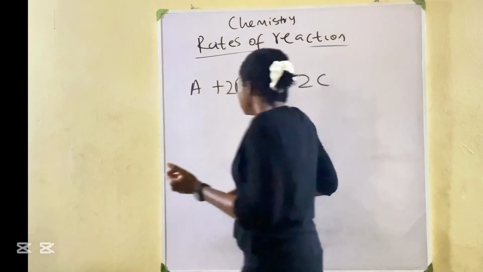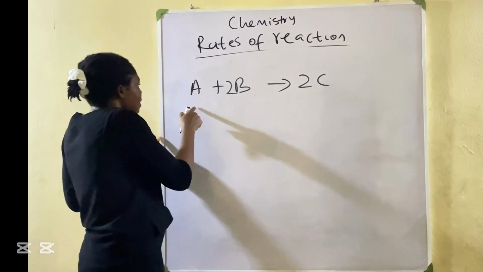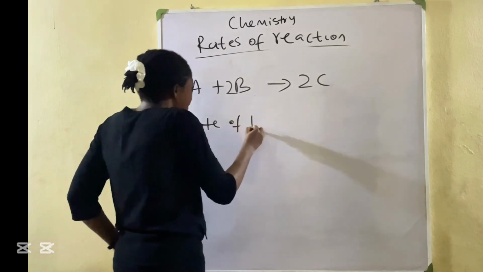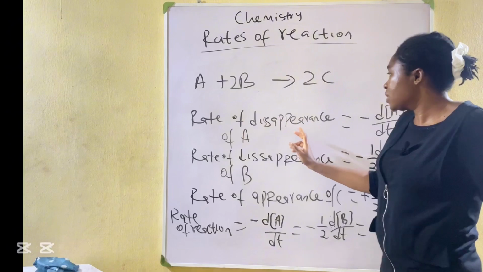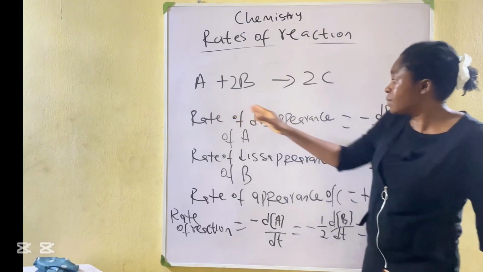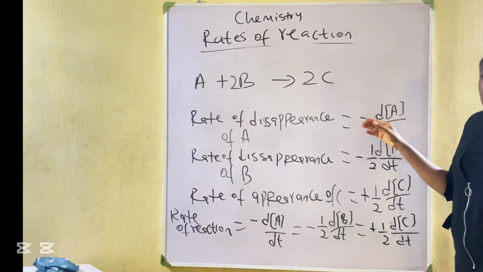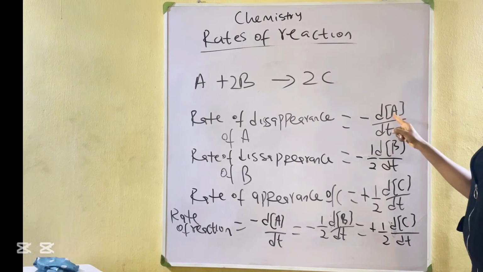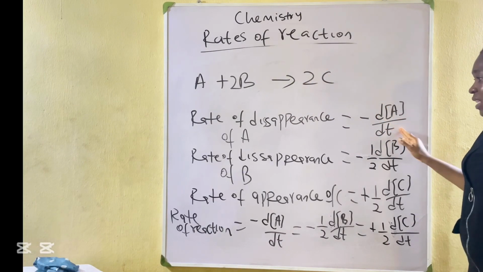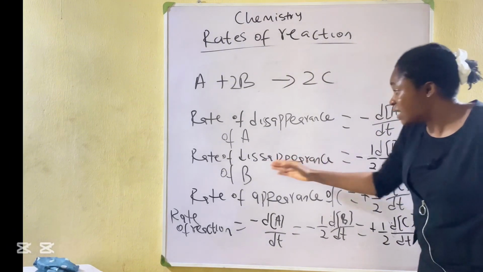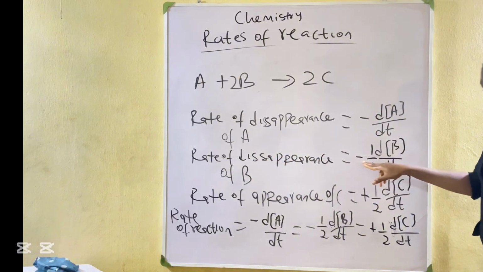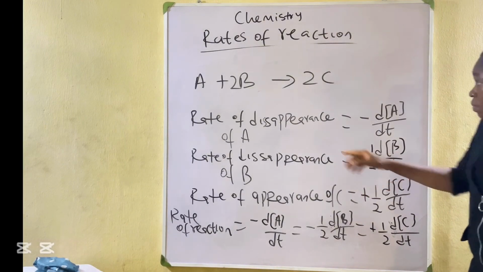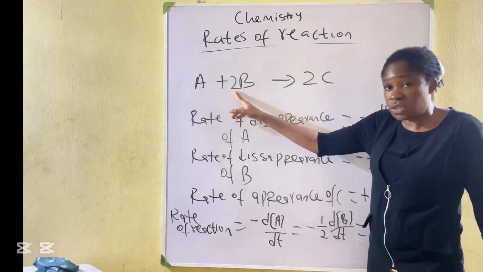We want to look at the rate of disappearance of reactant A. You put a minus because the reactant is going to disappear to form product. So it is minus change in concentration of A over change in time. For the rate of disappearance of reactant B, you put a minus sign, which signifies disappearance, and 1/2 because the coefficient is 2.